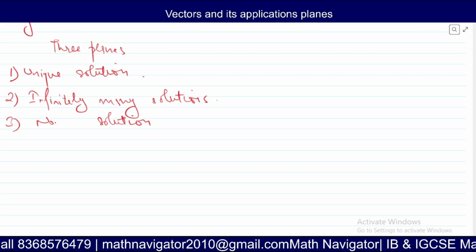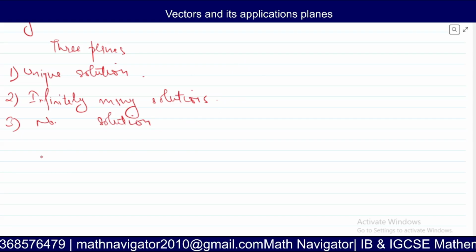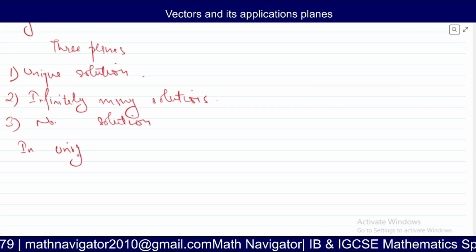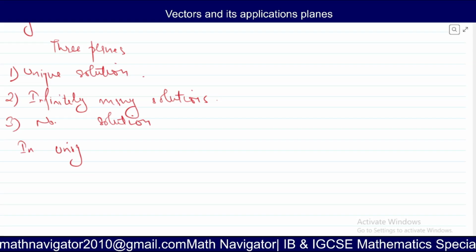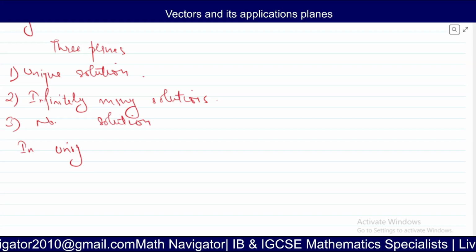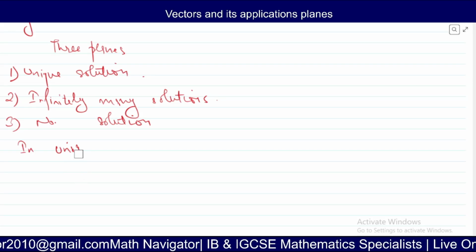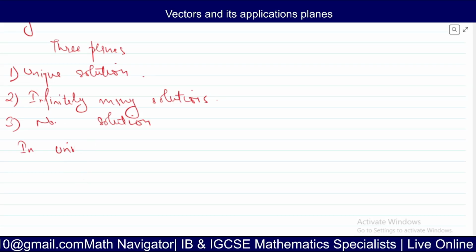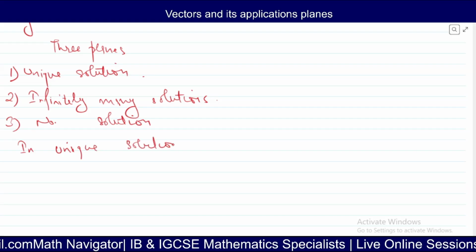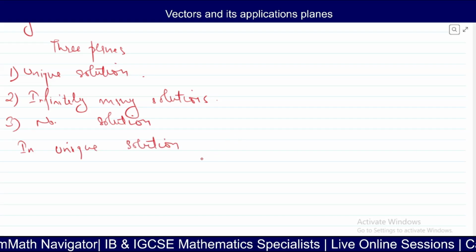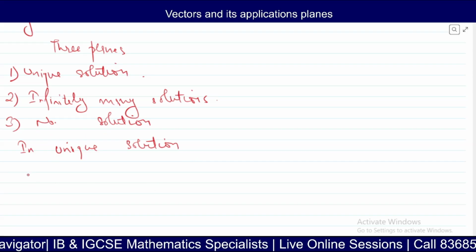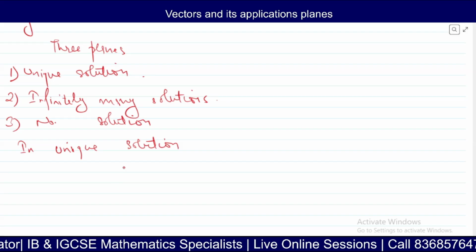In a unique solution, the 3 planes are meeting at a point. The 3 planes are touching at a point. First we'll talk about infinitely many solutions.